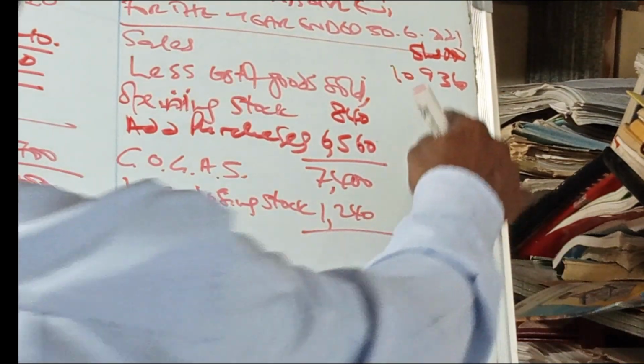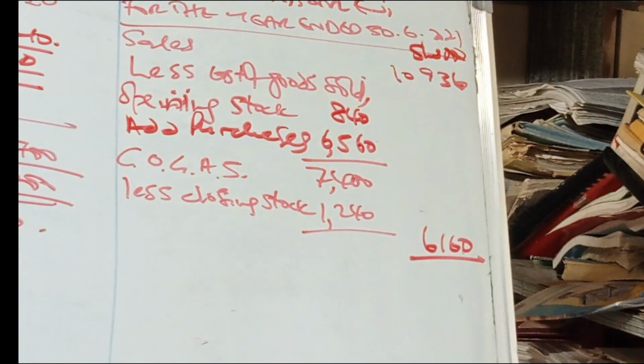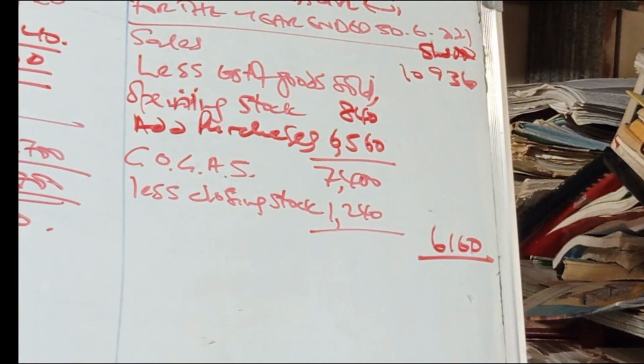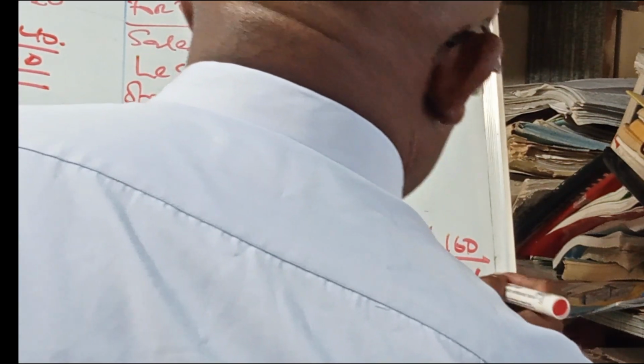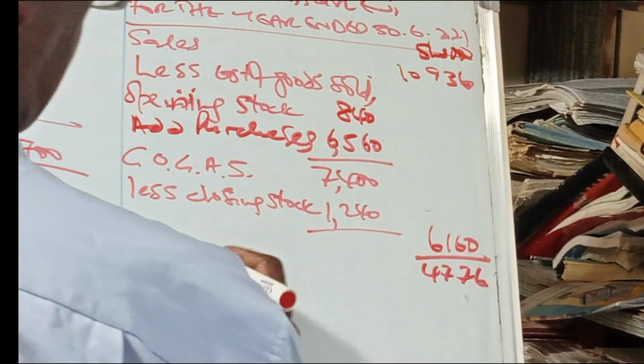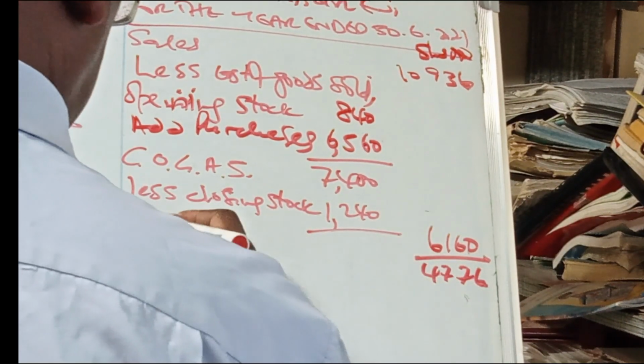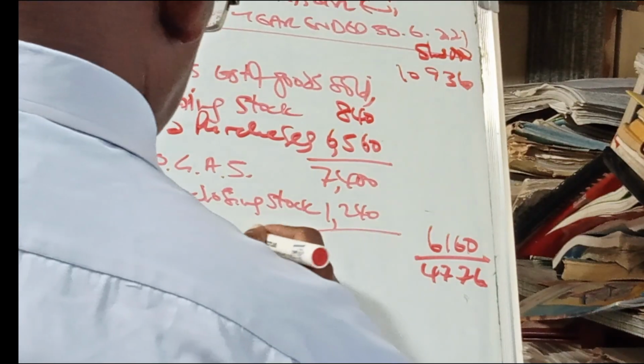You subtract 6160 from our sales of 10,936. We get a figure of 4776. And that gives us, definitely, the cost of goods sold.